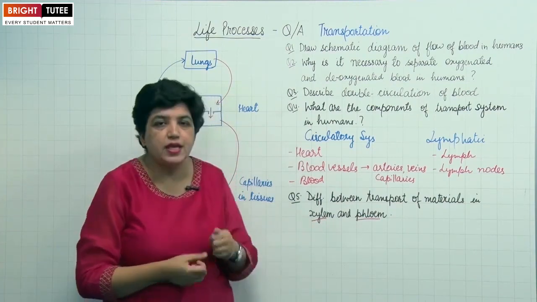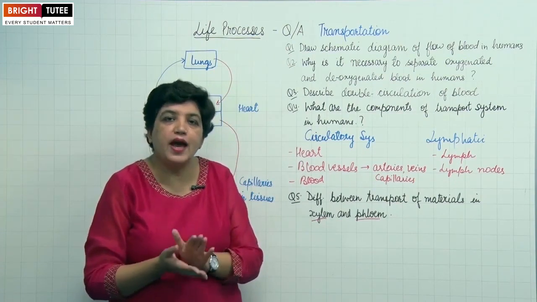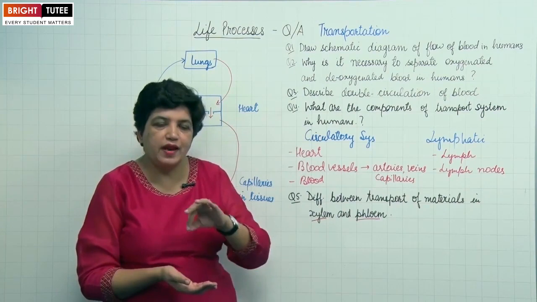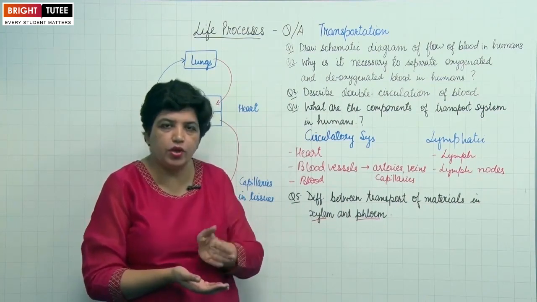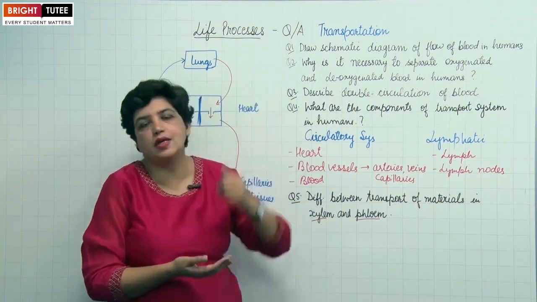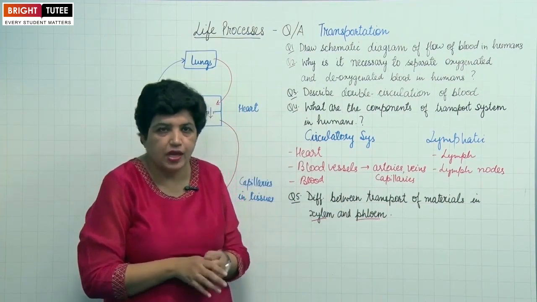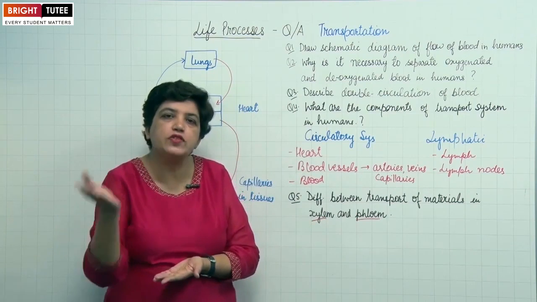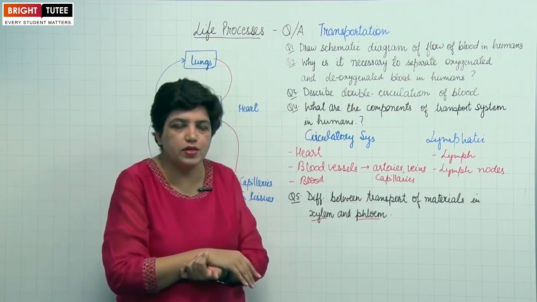The second difference: xylem carries water and dissolved minerals from the soil, they enter the root hair, so from the root towards each and every leaf. While in the phloem, the transportation is from the leaves to the storage organs.